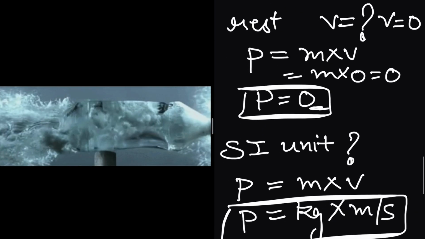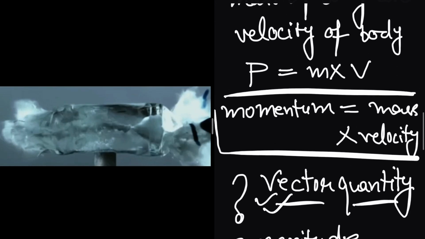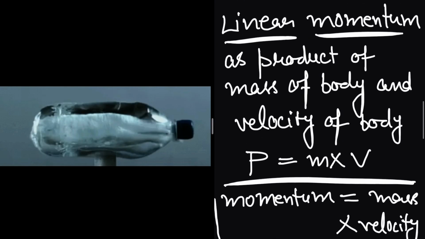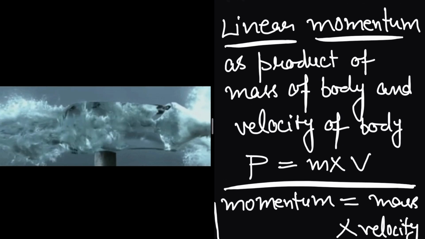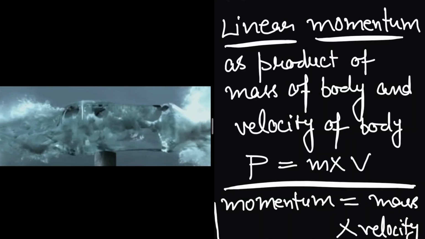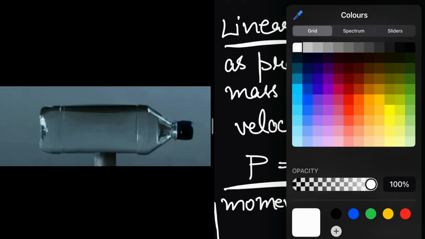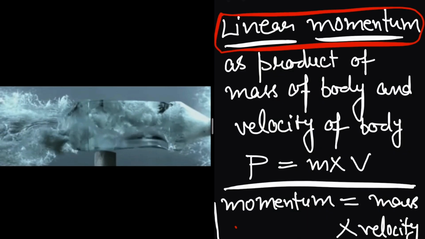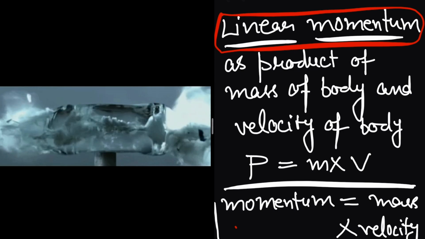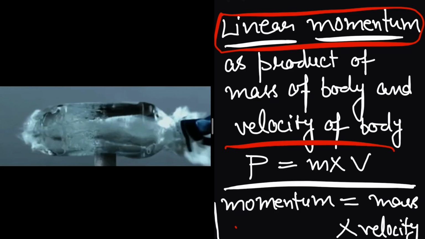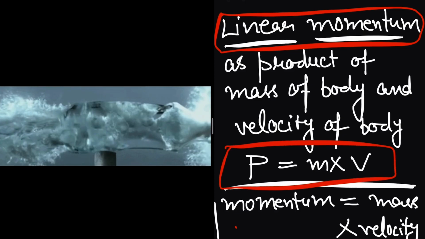Now students, what we get from this is that the impact of motion depends upon two things. What are those two things? Mass and velocity. In physics, Newton gave that impact a new name, which we call linear momentum, which combines those two quantities, mass and velocity.